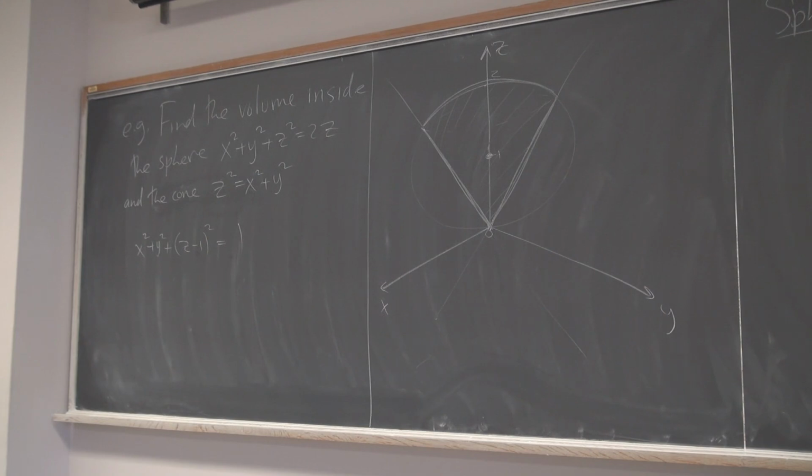So how would I set that up? Ideas. Rho is going to be 2 cosine phi.